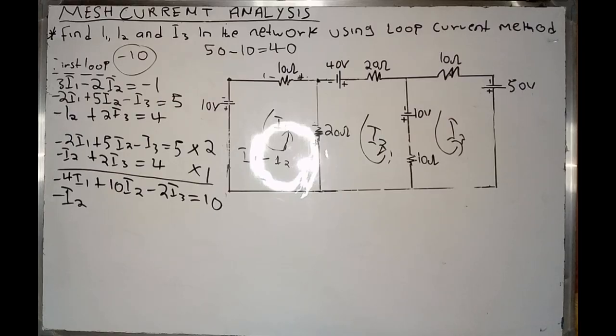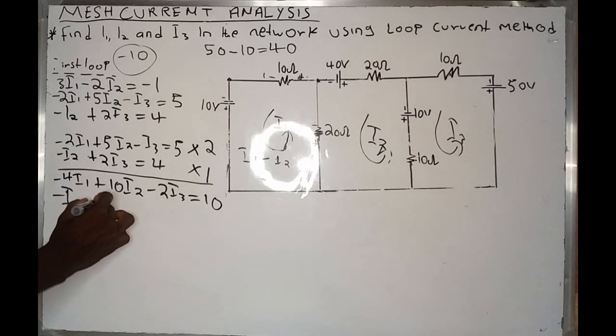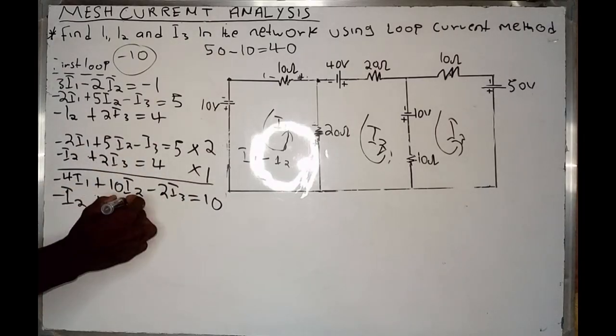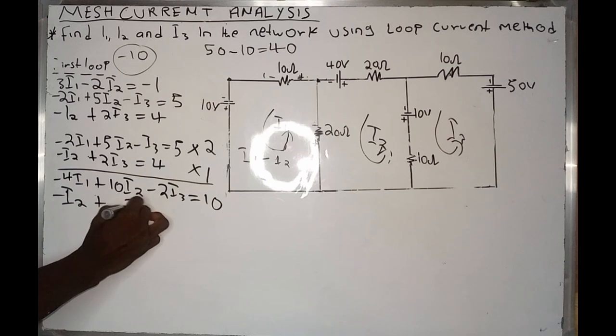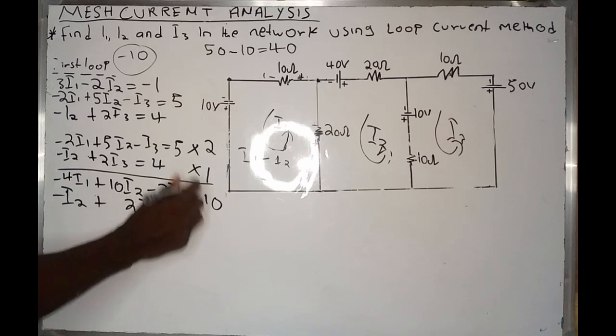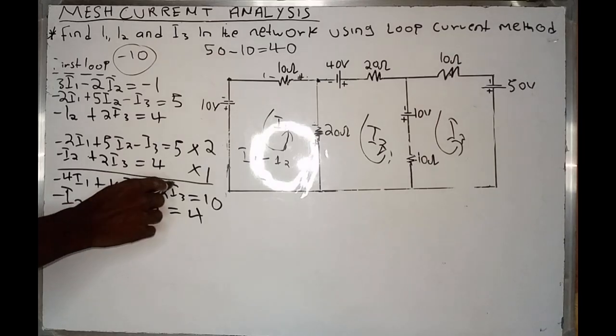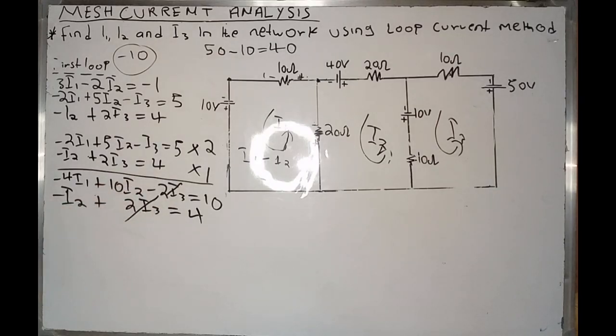Also minus I2, plus 1 times 2I3, which is plus 2I3, which is equal to 4 times 1, which is 4. So minus 2I3 plus 2I3 will give you 0.